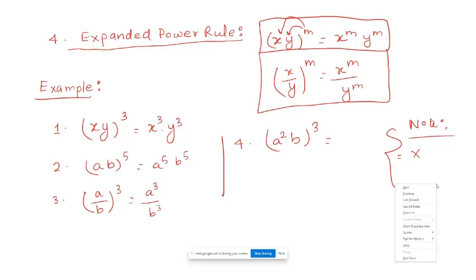What about this? If I write x, what is the exponent of x? Anyone going to give me the answer? Come on, Baitai. Baitai, are you there?